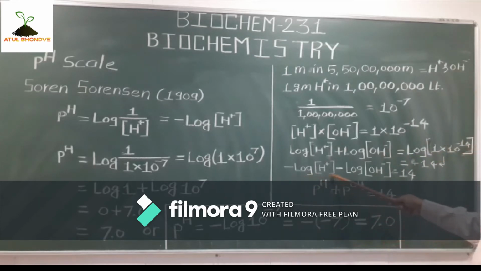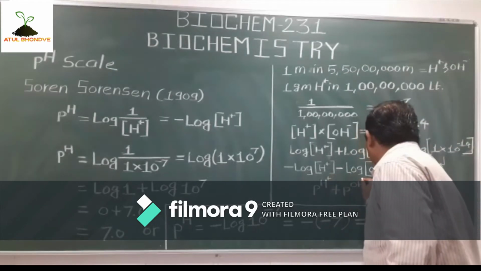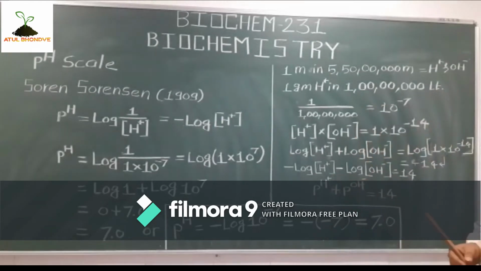Here minus log of hydrogen and hydroxide gives 14. So pH, the power of hydrogen, plus pOH, the power of hydroxide, gives 14.